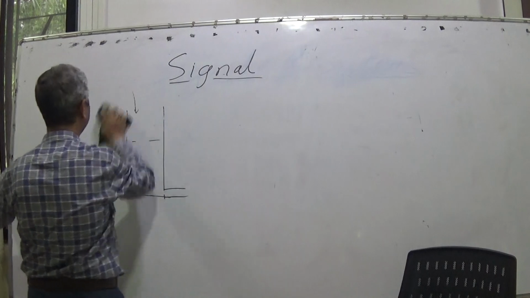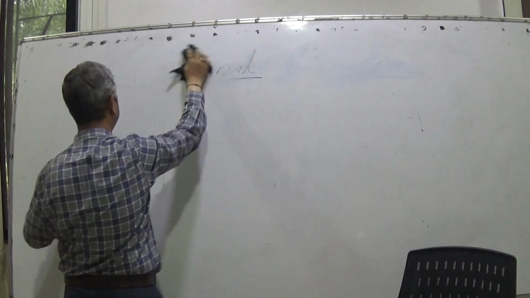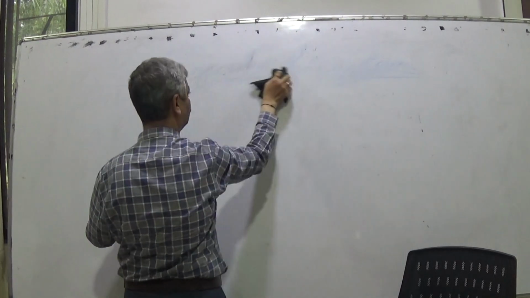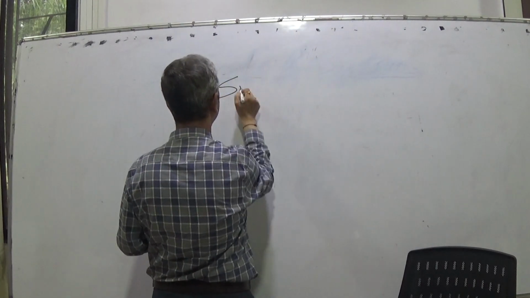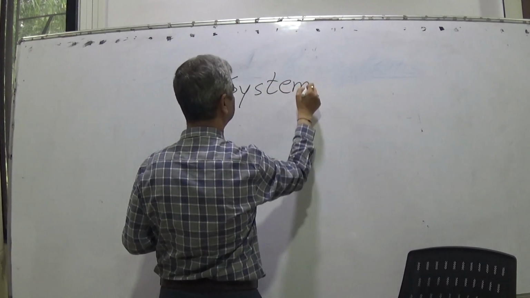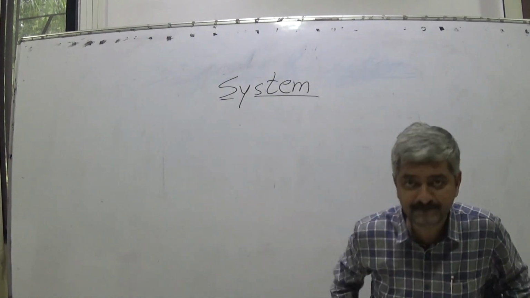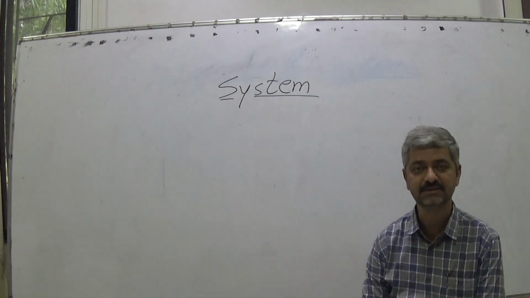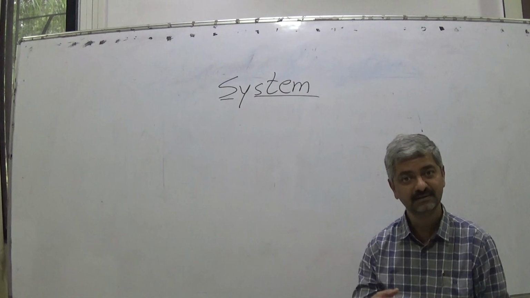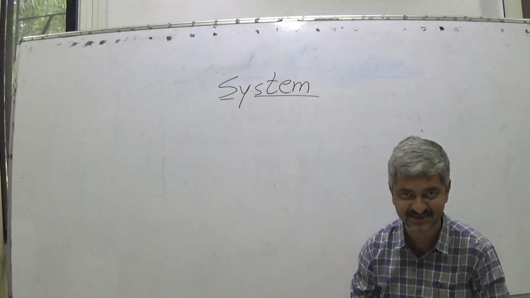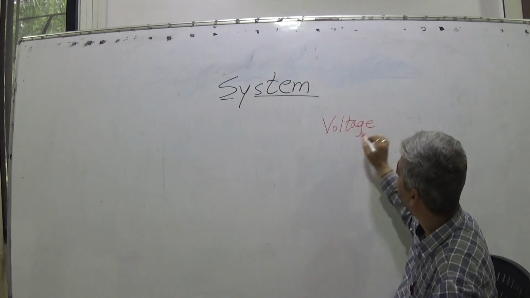What is a system? To add to these physical parameters, we consider electric parameters, which you might be aware of: voltage and current.